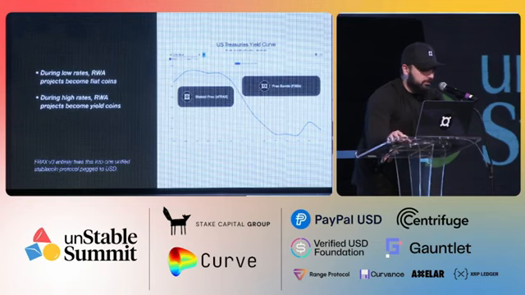Another point to make with Frax v3 is that when we tried to bring the entire yield curve on chain, there's two parts of the yield curve that are super important, right? There's the short-dated yield curve, which is short-term rates, and the long part of the yield curve. With Frax v3, we have the ability to bring the short-term yield rates with staked Frax, and that staked Frax has the yield coming from short-dated treasuries and RWA partners.